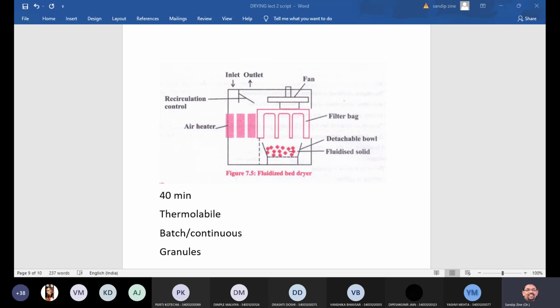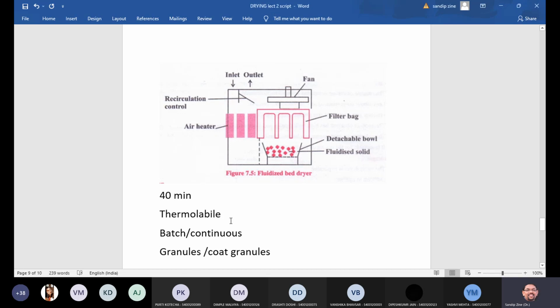So for drying of the granules, a better choice is the fluidized bed dryer, and it is also used to coat the granules. Isn't it? For coating purposes also, we can use this kind of dryer. Is this point clear? Any doubt over here?